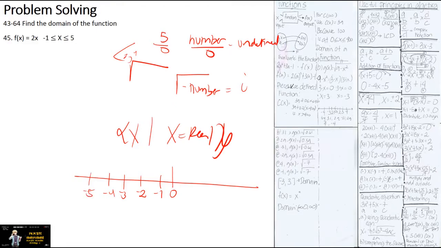Naman, positive infinity naman yan. Positive 1 billion, positive 1 trillion. Okay. So madaling sabi, lahat pwede mo i-substitute dito. Ibig sabihin, pwede mo sabihin na negative infinity to positive infinity, yun yung domain mo. Okay. Yun yung ibig sabihin nun, no?